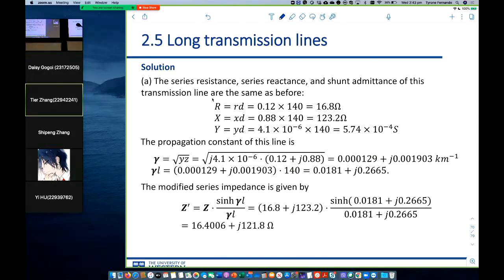Then now we can calculate gamma. Gamma is simply the square root of yz. We know the lowercase y and the lowercase z. You multiply those values and you have the answer.